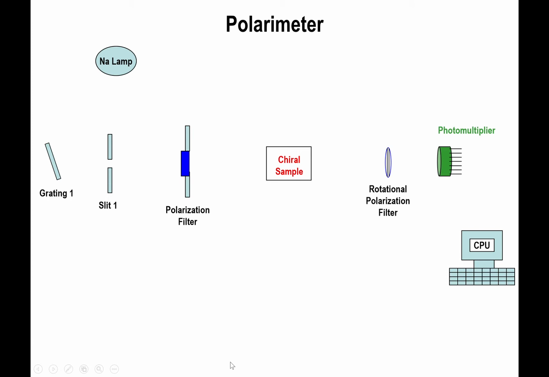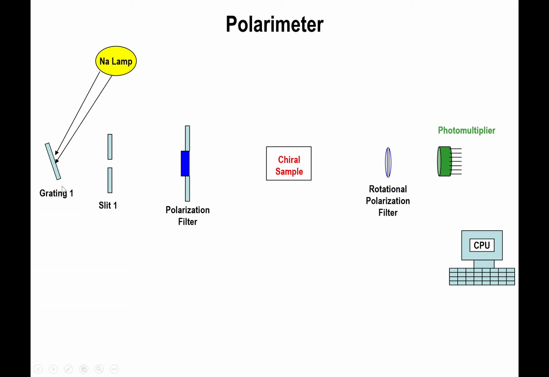What you're doing in this type of experiment is technically using polarized light shined on a sample, and you see how the sample rotates the polarized light. So what you start with initially is a sodium lamp, which is excited, and the emission of light from the sodium lamp has different wavelengths of light.